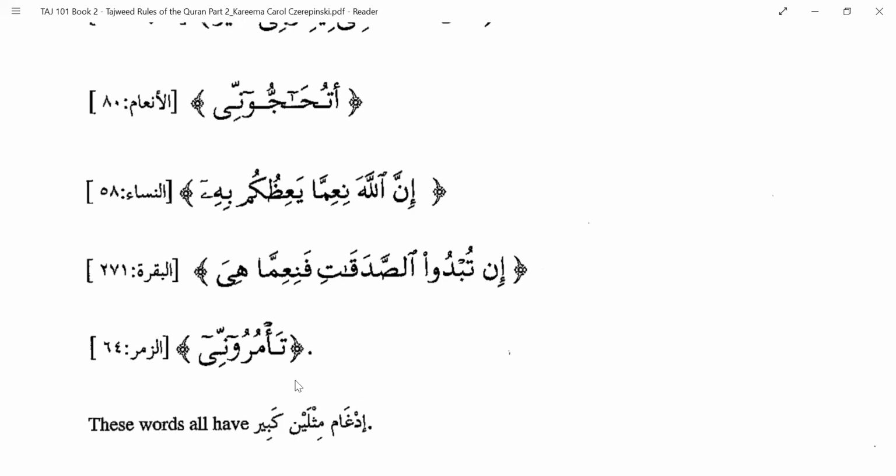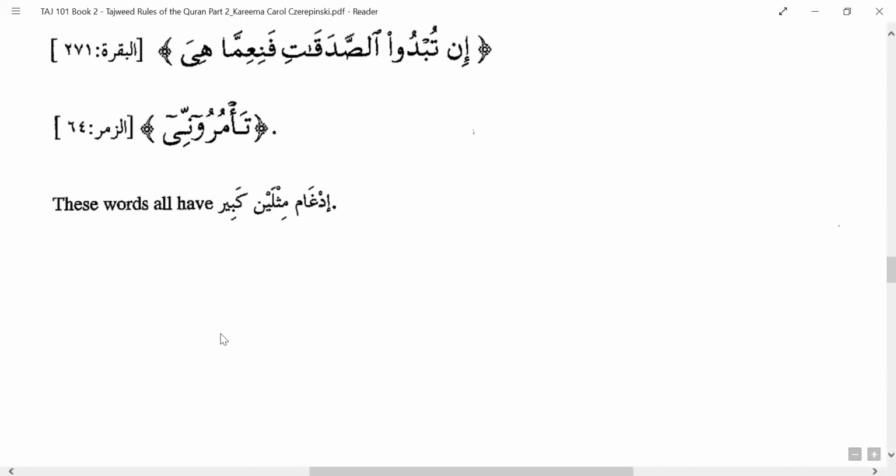You have to combine them, and for mithlain, this is kabir. Because if you see, the letter looks combined in one. The shadda is denoting both of them are together. So it's like a haraka, because you cannot see the sukoon here. The sukoon is inside the alphabet.